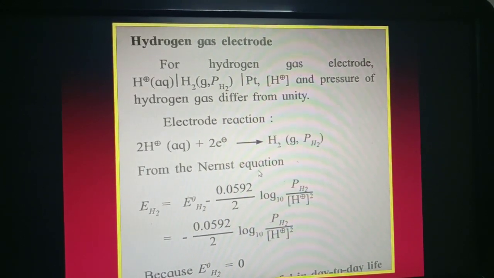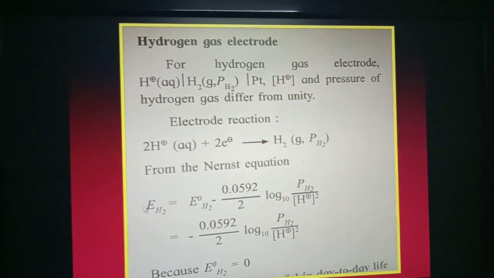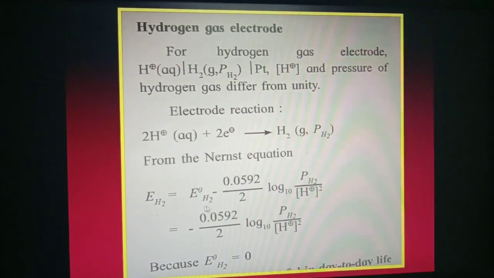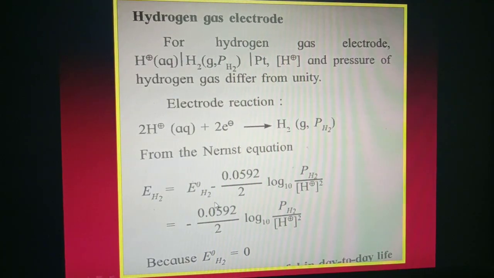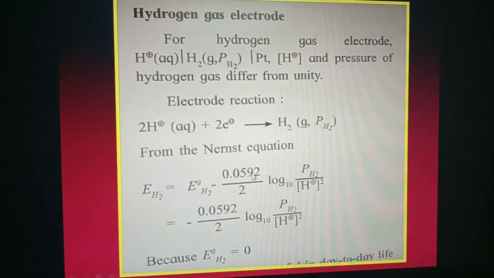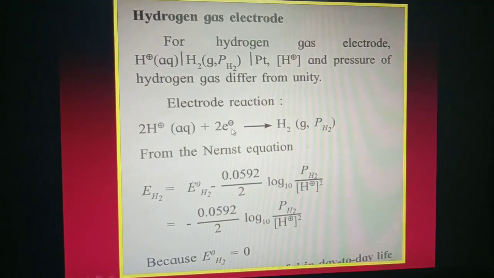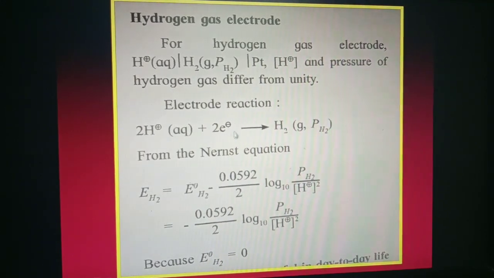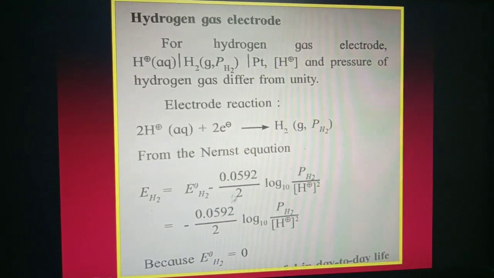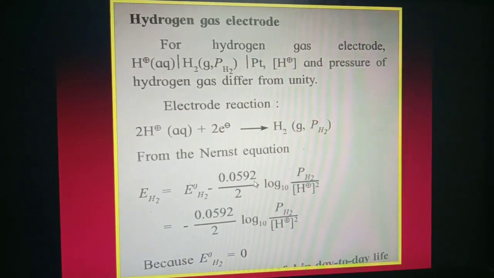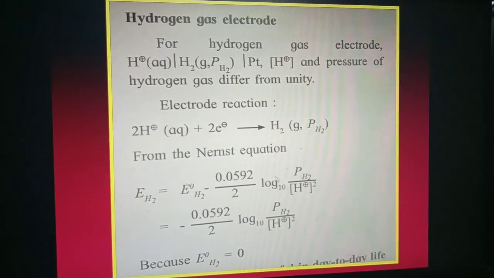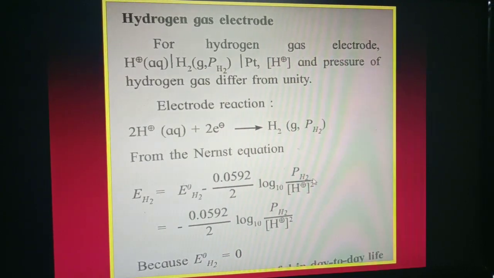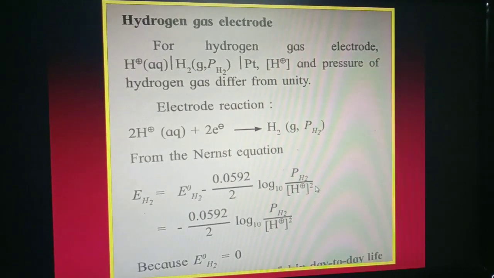Then from Nernst equation, electrode potential of H2 is equal to standard electrode potential of hydrogen minus 0.0592 upon n, where n is the number of electrons that are gained. So n value will be 2. So 0.0592 upon 2 log to the base of 10 of partial pressure of H2 divided by H+ ion concentration squared.